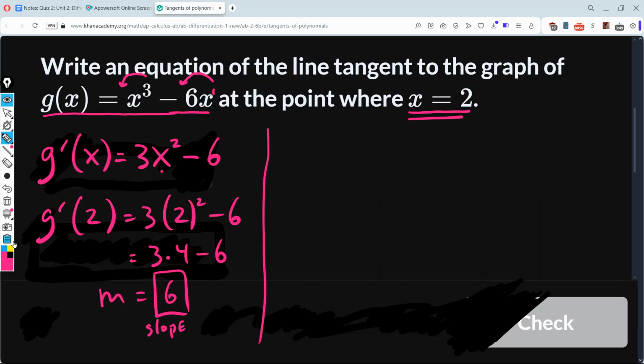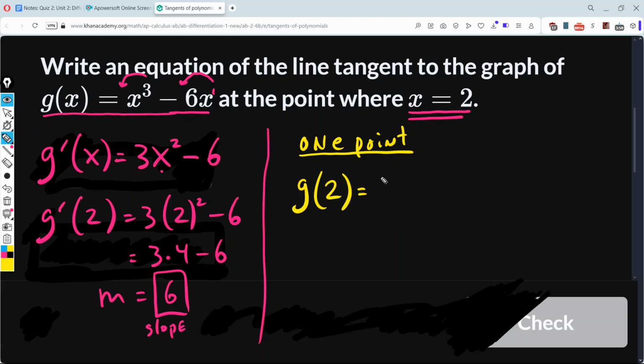Now, you need 1 point. For the point, you sub it into the original. For the slope, you sub it into the derivative. So we want the point at 2. We're going to find g of 2. Here's the original.